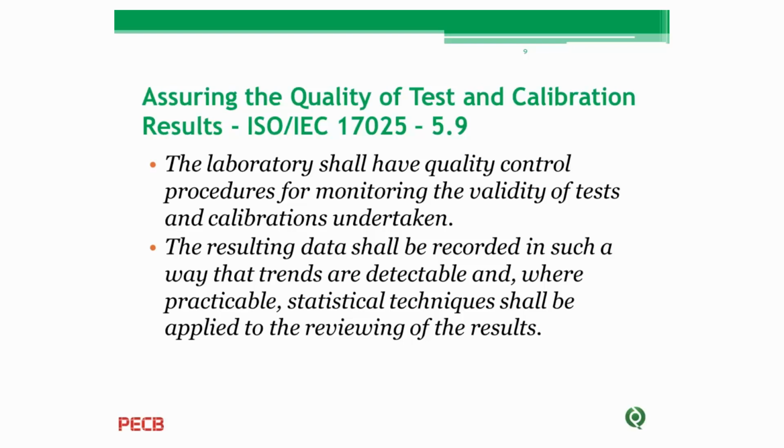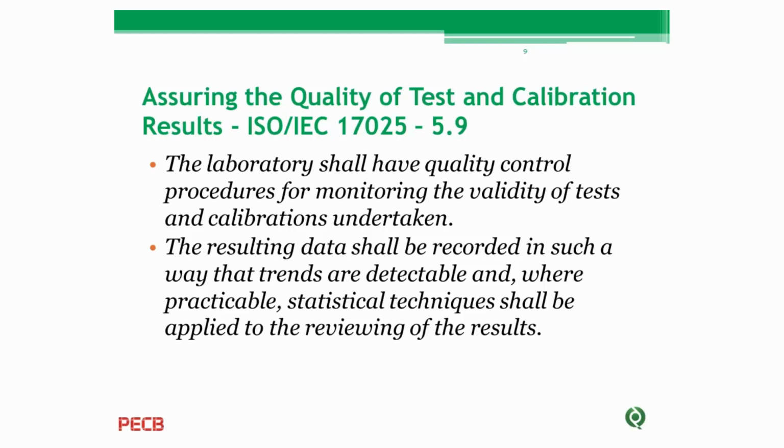Okay, so a mechanism similar to control charts should exist in a laboratory in order to enable them to detect the trends of their data changes. And statistics can be applied. So in order to implement this clause in a laboratory, we should know about statistics.